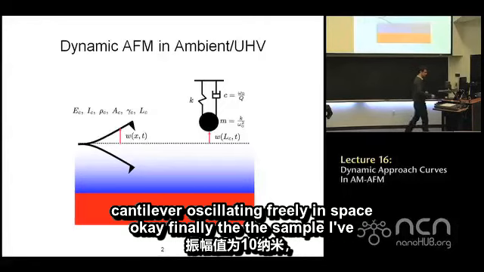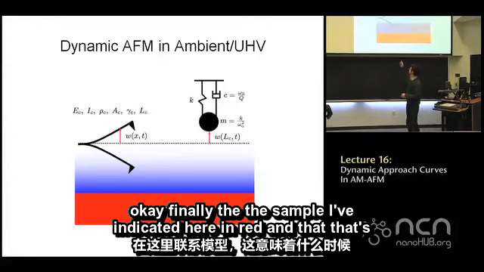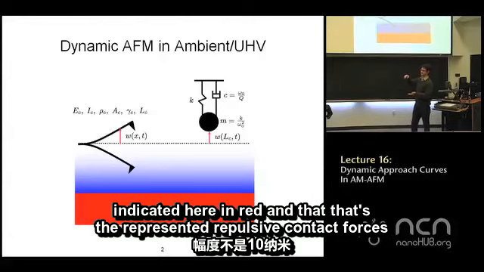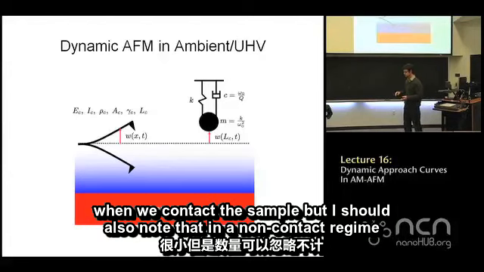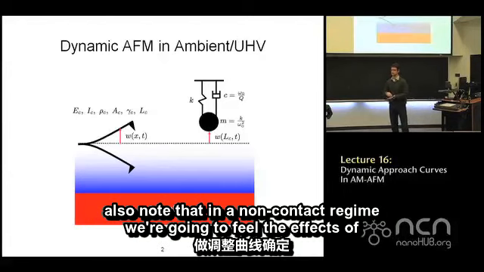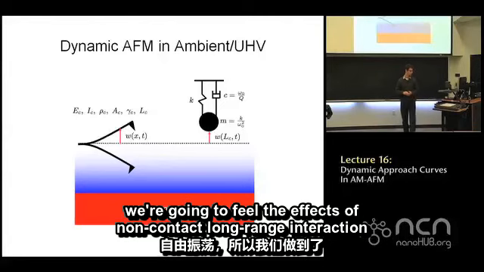Finally, the sample, indicated here in red, represents repulsive contact forces when we contact the sample. But I should also note that in a non-contact regime, we're going to feel the effects of non-contact long-range interaction forces.